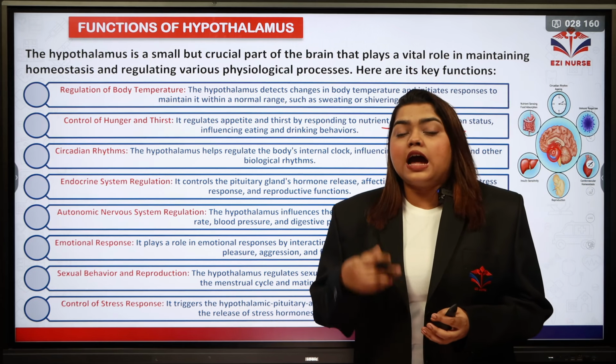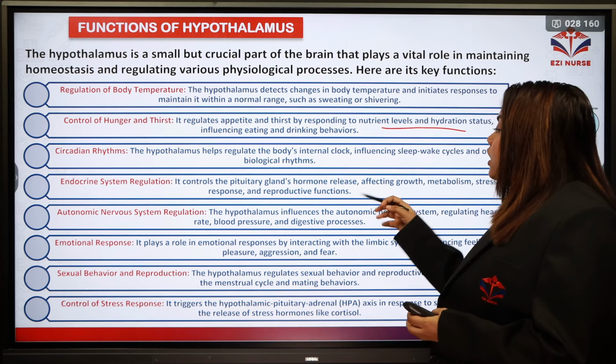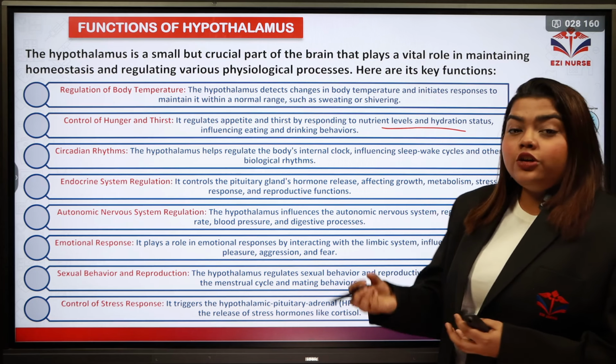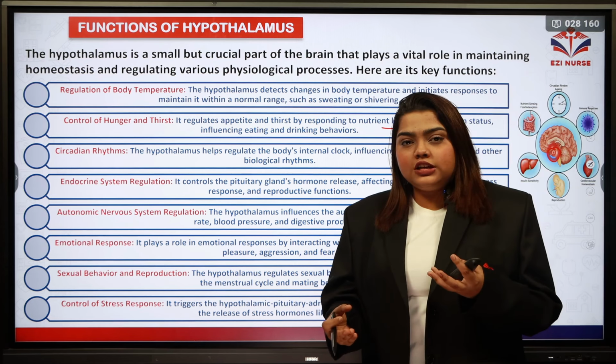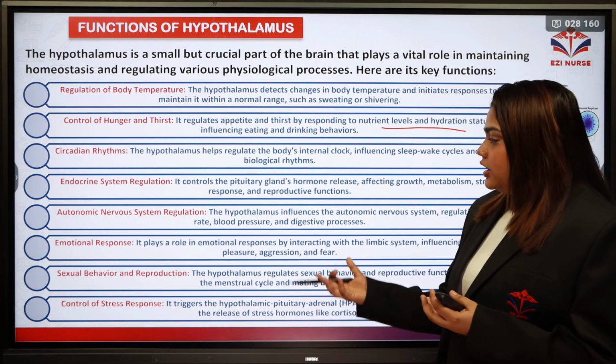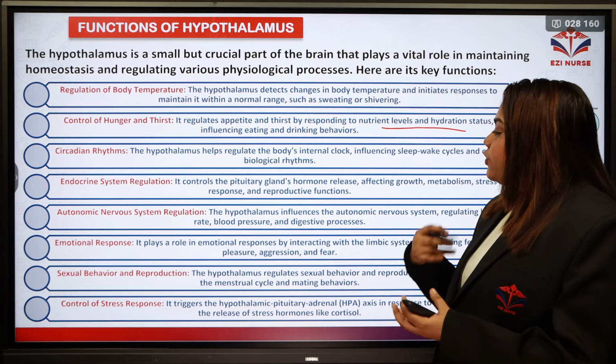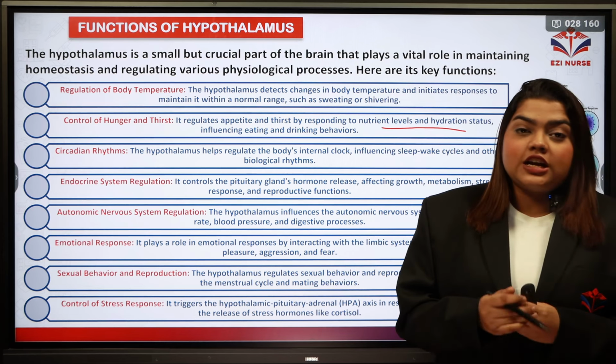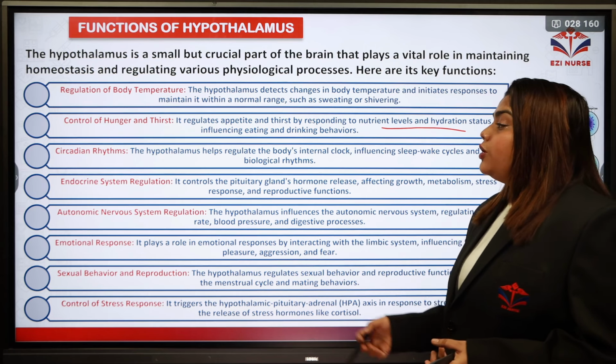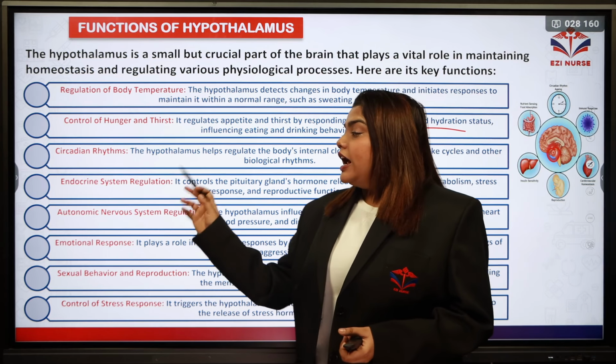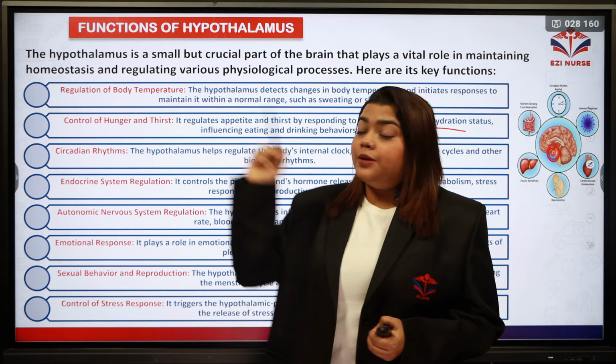The stress response involves adrenaline. Growth is affected as well, like the growth hormones it helps release. Different reproductive functions will also be controlled by the regulation of the endocrine system through the hypothalamus.